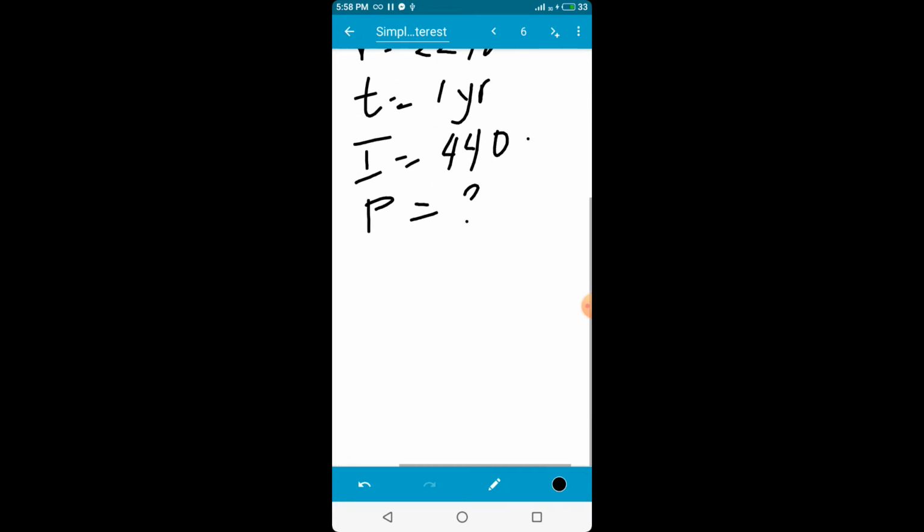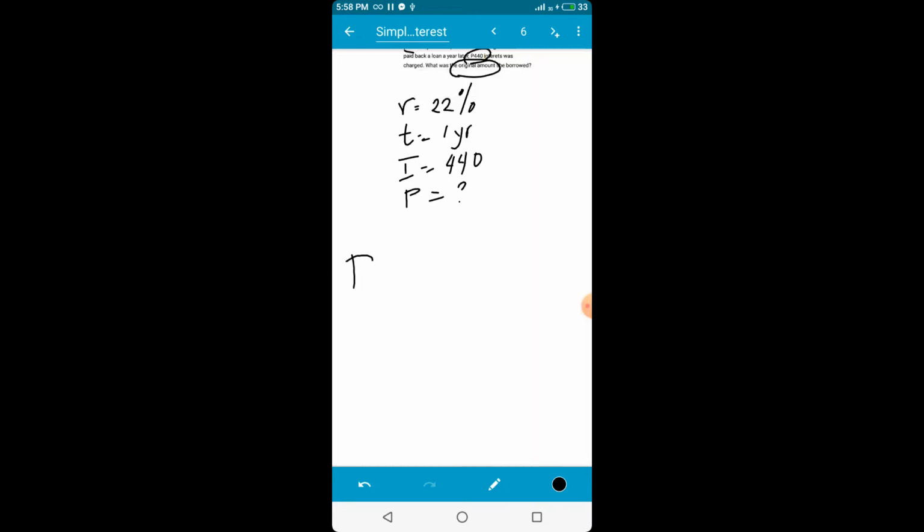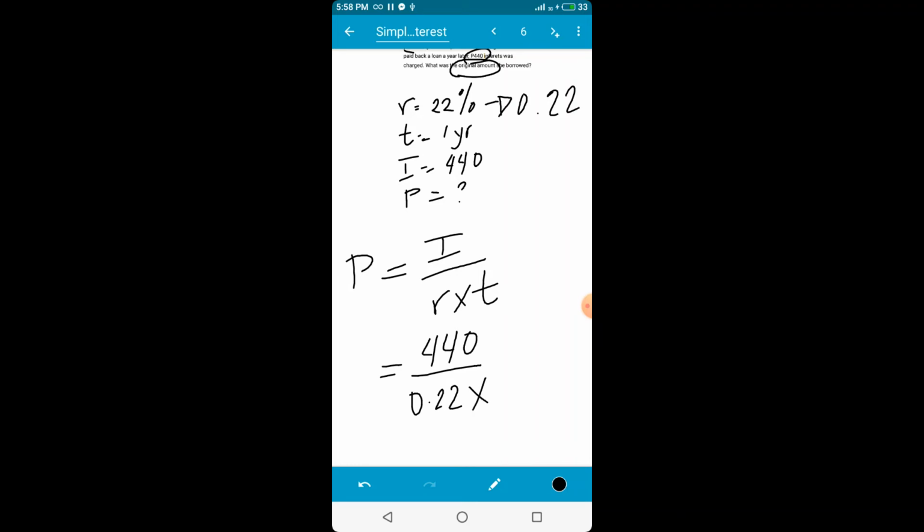So let's use the formula to solve this. P equals interest amount over rate times time. The interest amount is 440 pesos, and the rate is 22%. The 22% will be converted into decimal, and that is 0.22. Times the time, which is 1 year.